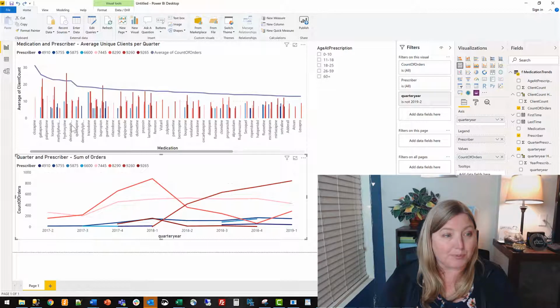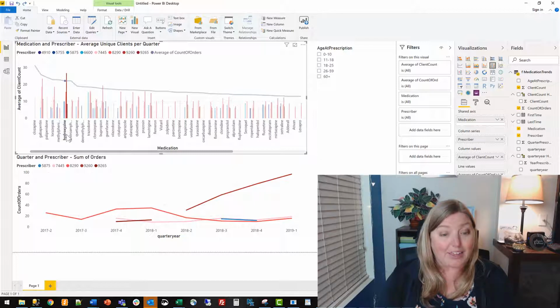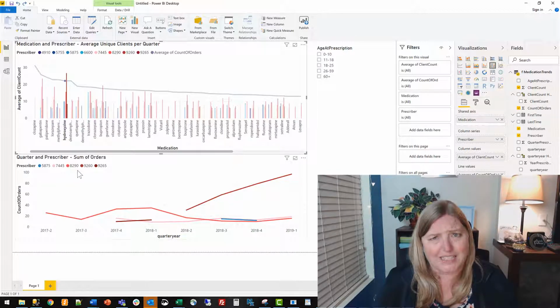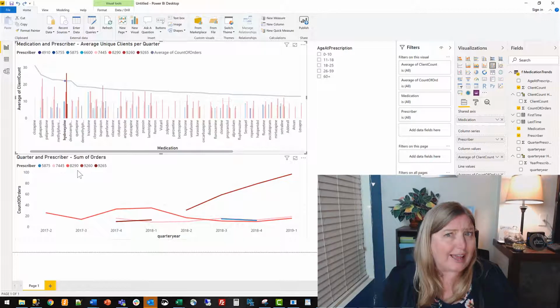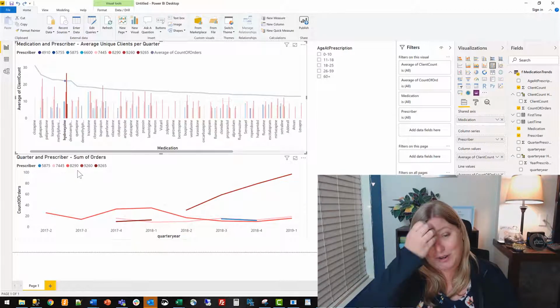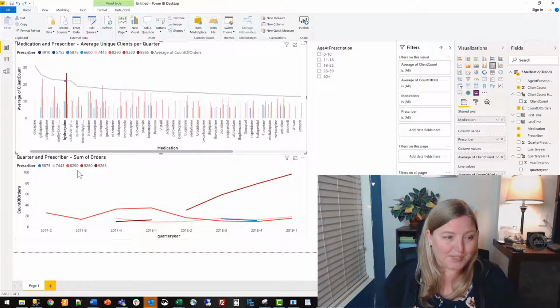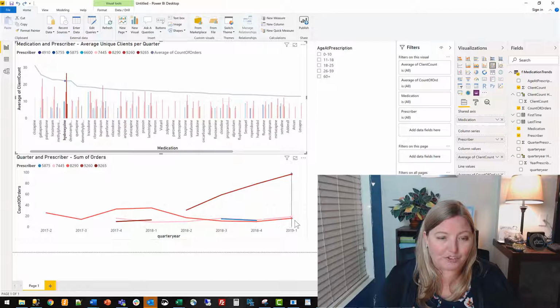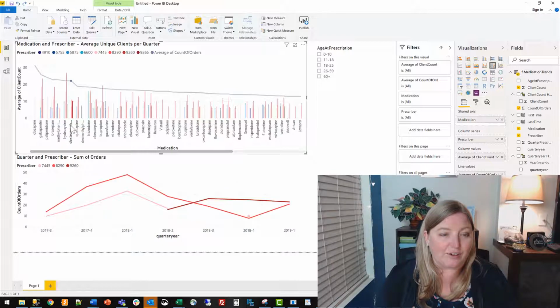It gets really interesting with some of the built-in features of Power BI. You can select a particular medication, let's pick hydroxyzine, and you can see there were some interesting trends. One prescriber, and these have been de-identified, so don't try to guess who they are, completely scrambled up the numbers. This prescriber had a little bit of a trend, and then there's an interesting upward trend here for this prescriber. You can look at other medications.